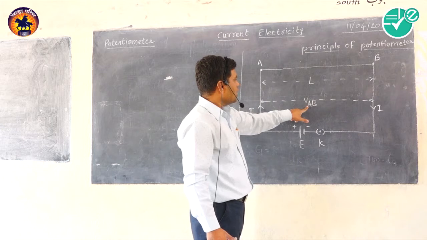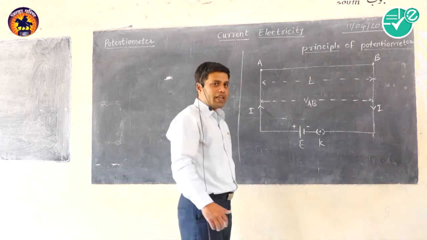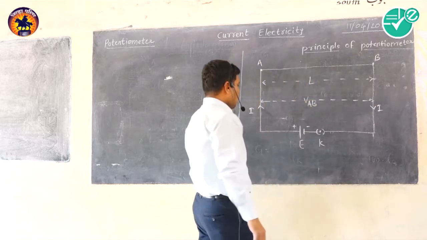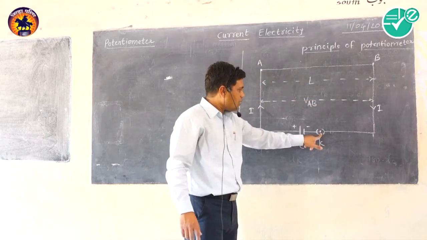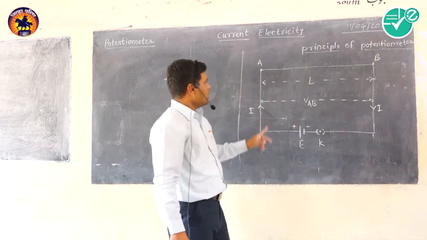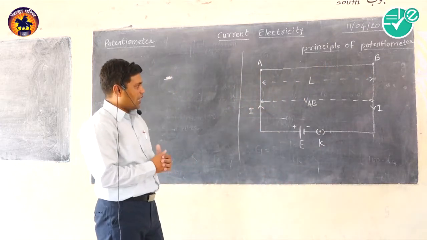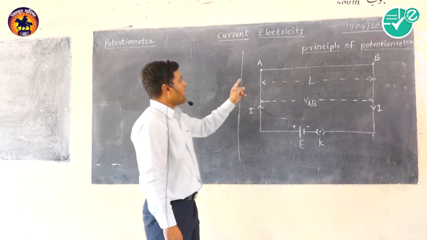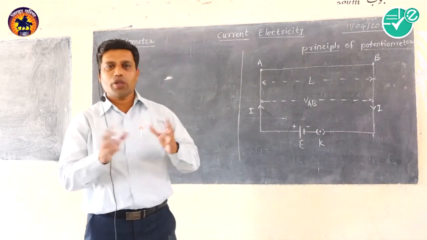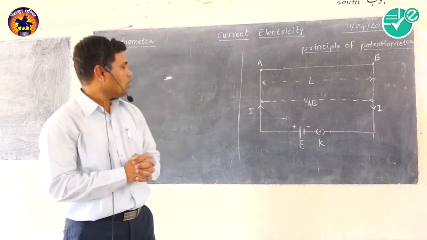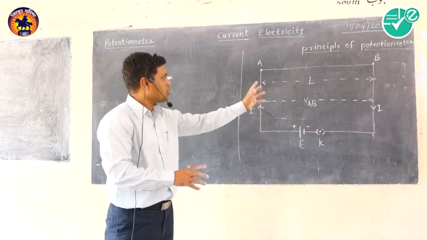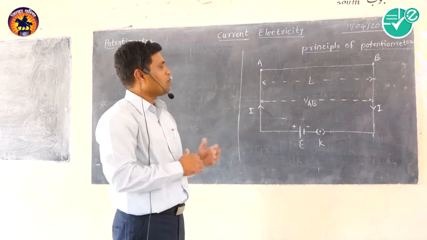This is the potential across points of wire AB, and the length of the wire is given by capital L. Now, as soon as you close the key, the current starts flowing through the wire AB, and if you look at this diagram, if this wire has uniform cross section, then the potential drop along this wire will be uniform. So, with this short explanation about this diagram, I will explain the principle of potentiometer.